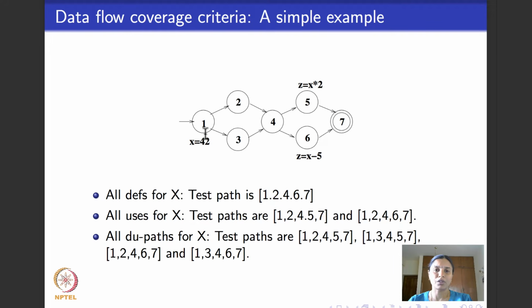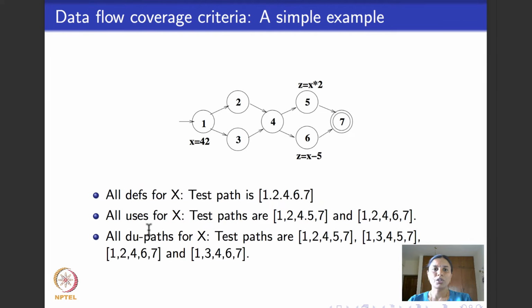That will cover the definition of X at node 1 to its use at node 5, right? 2 different ways. Similarly, if I consider the definition of X at node 1 and its use at node 6, there are 2 different paths again, 1, 2, 4, 6, 7, and 1, 3, 4, 6, 7. That's what I have listed here, right?